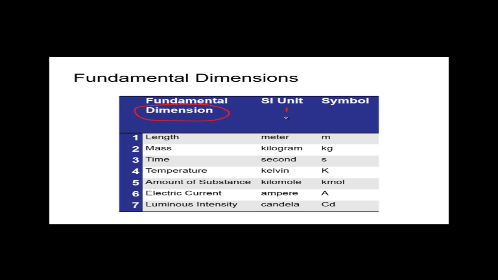This is the associated unit in SI and the abbreviation for that unit. I will sometimes say unit when it should be dimension, or dimension when I'm talking about unit, but there's a difference between the dimension, length, and a particular unit in SI for that. All right. Any surprises on this list?